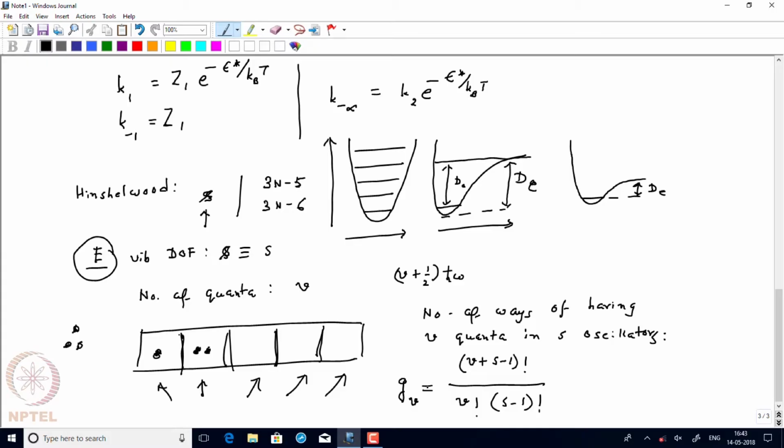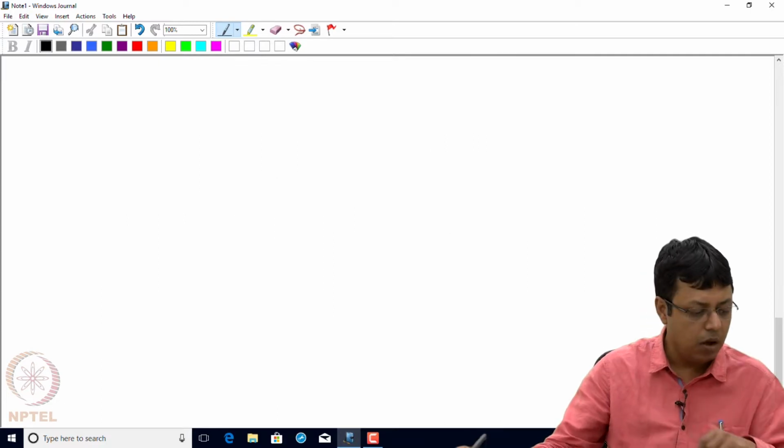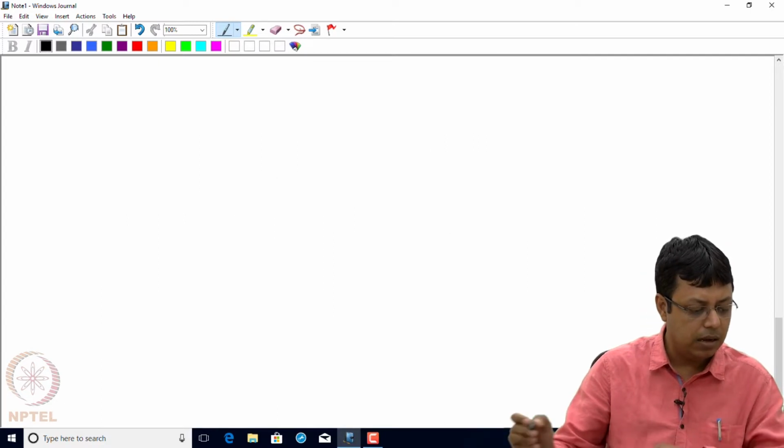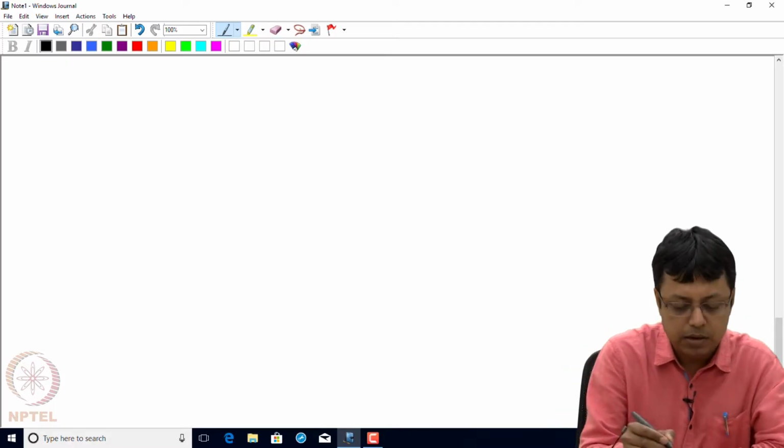So the total number of microstates, which are basically the degeneracy of that level, is given by this number. So now the question is, how can one get the rate constant from here?